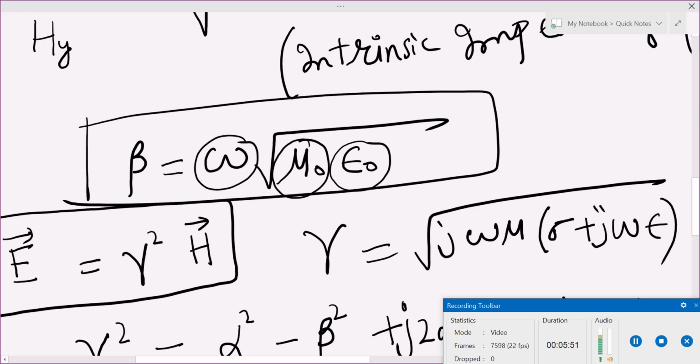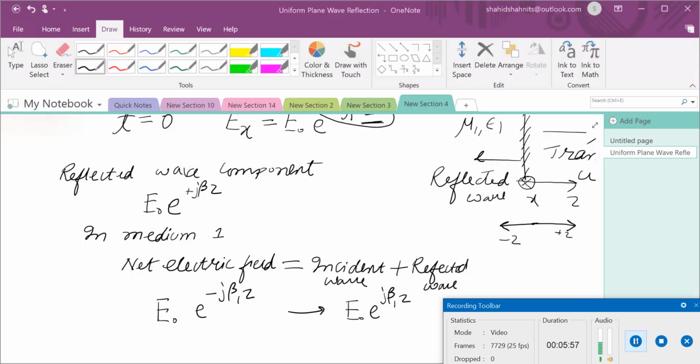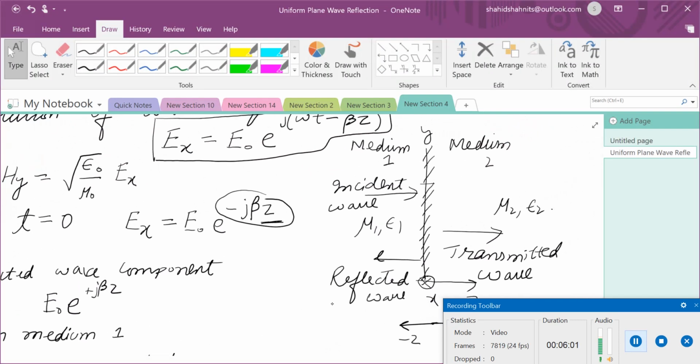So if any medium has a different mu naught, different epsilon naught, for that medium this beta will be different. So I will write beta 1 for medium 1, which has permeability and permittivity given by mu 1 and epsilon 1, and for medium 2 I will take beta 2. This is our notation, beta 1, beta 2.